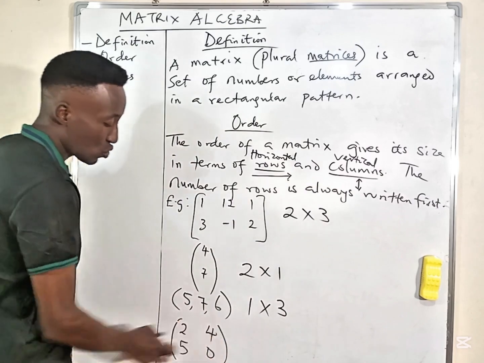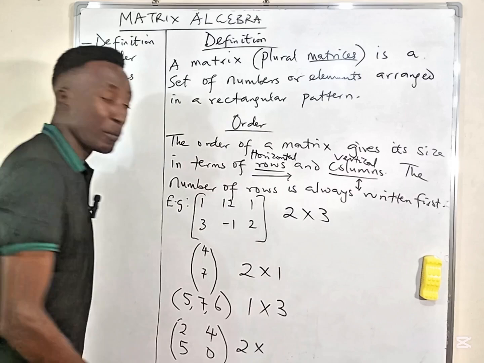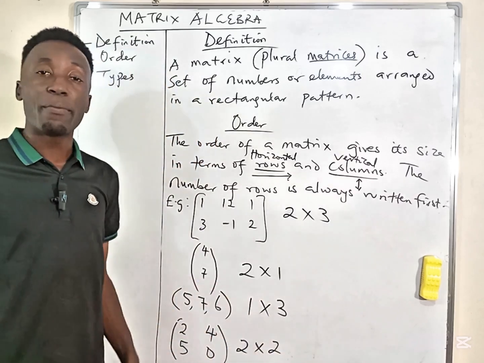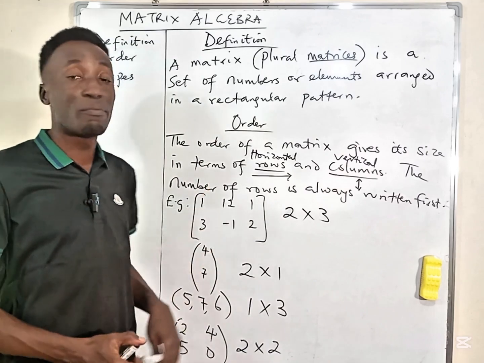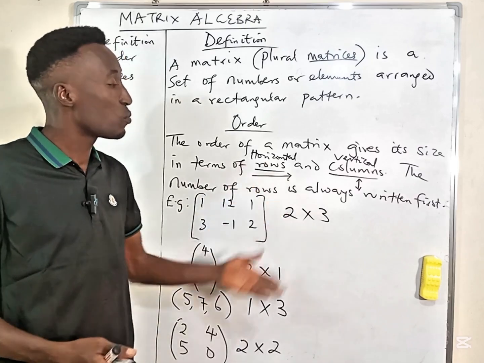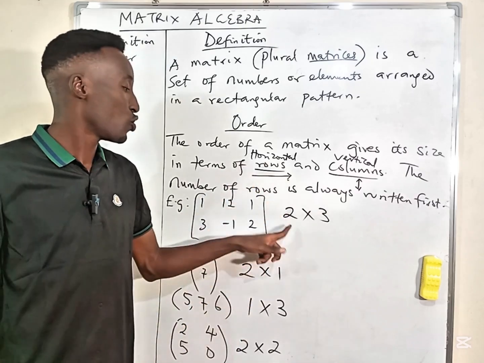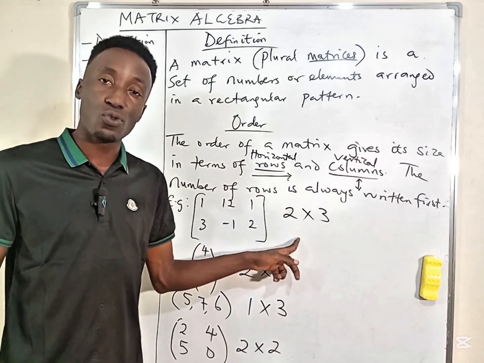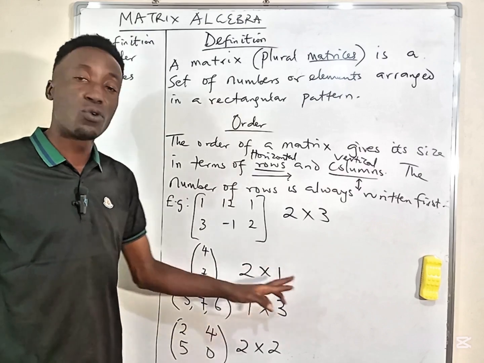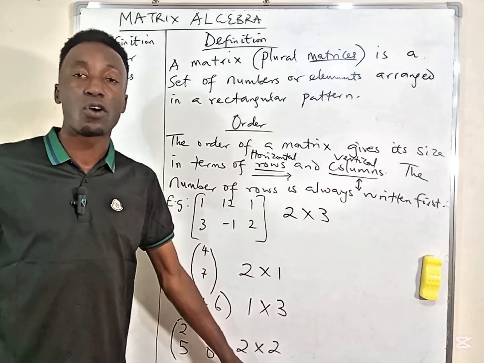This is 2 rows and 2 columns. So this is how you name a matrix. The order of a matrix gives its size in terms of rows and columns. So this is 2 by 3, 2 by 1, 1 by 3, and 2 by 2.